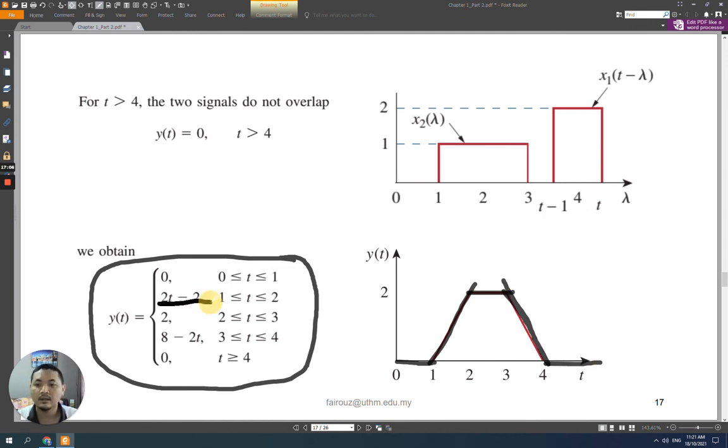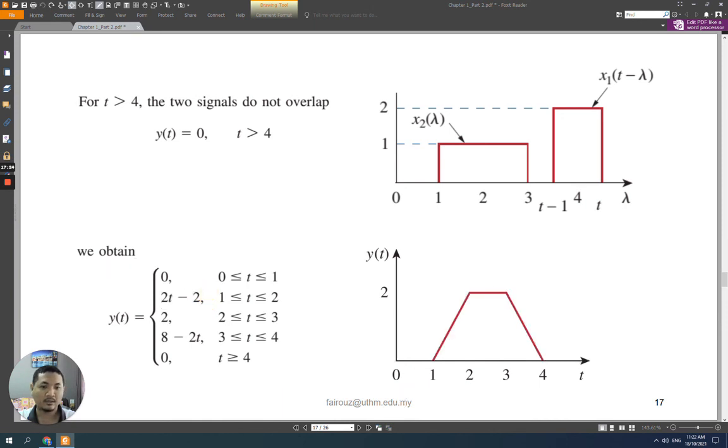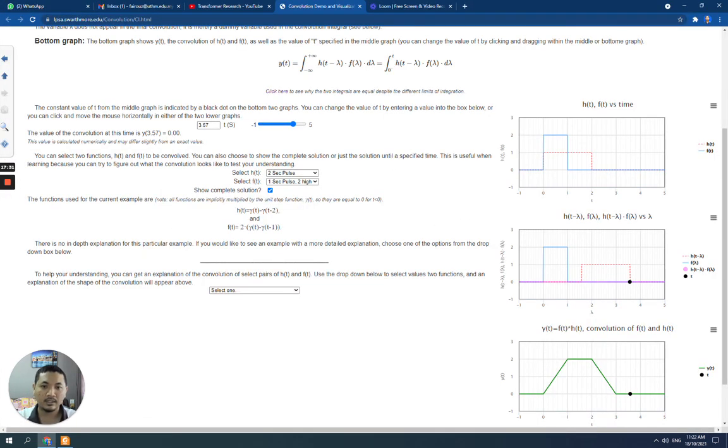This is a line equation. 2t minus 2 as a line equation means that the slope is 2 and it crosses the y-axis at negative 2. It's a simple straight line equation. So this is the answer. Going back to this, you see, this is the answer.